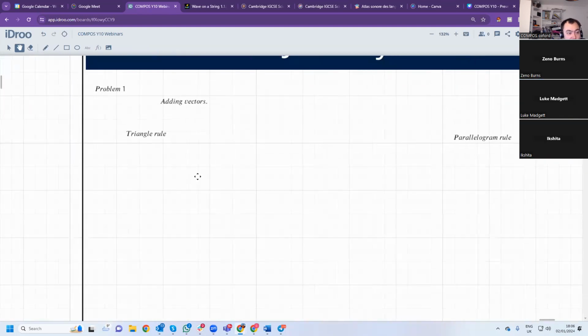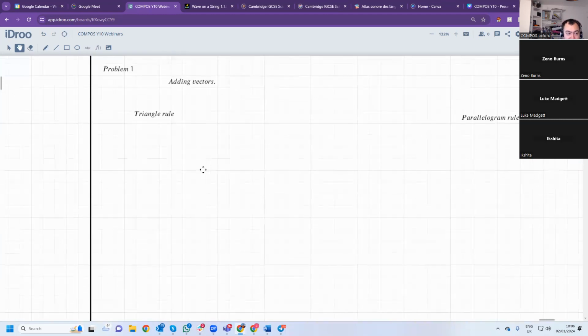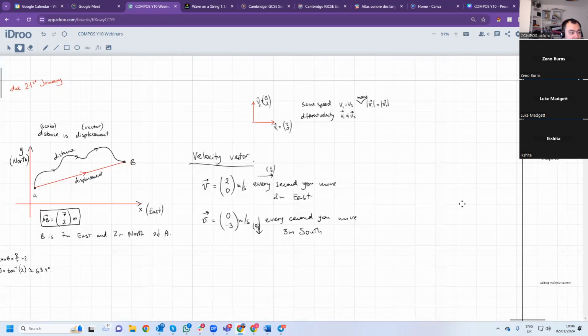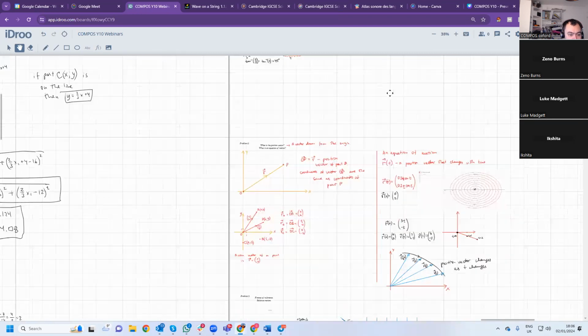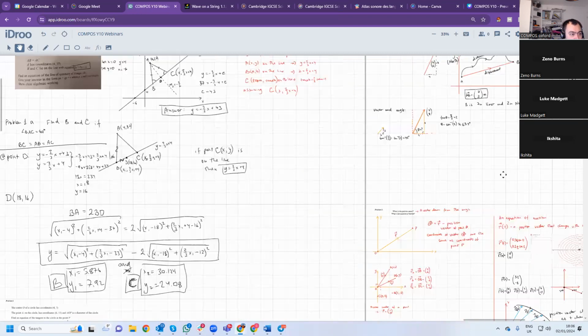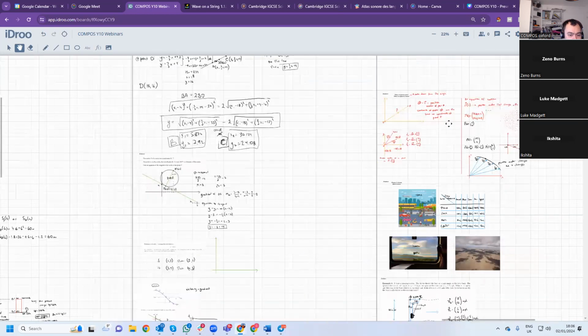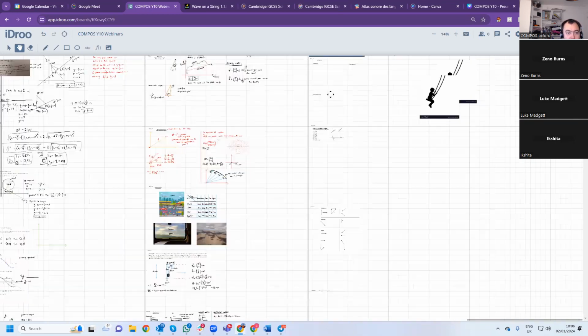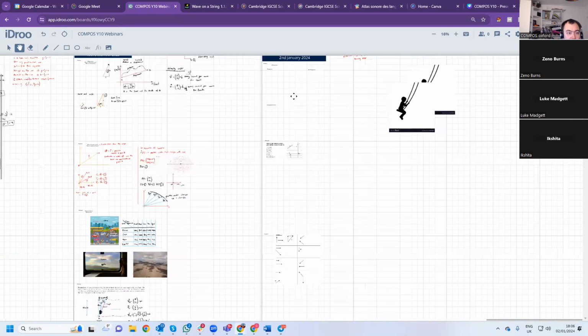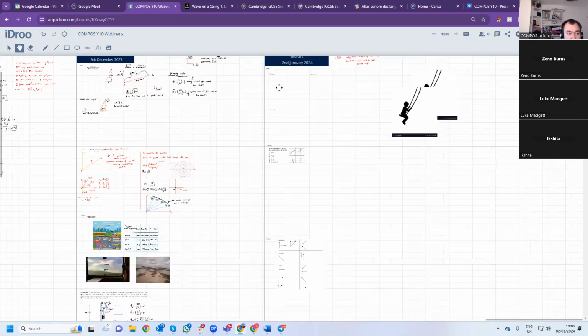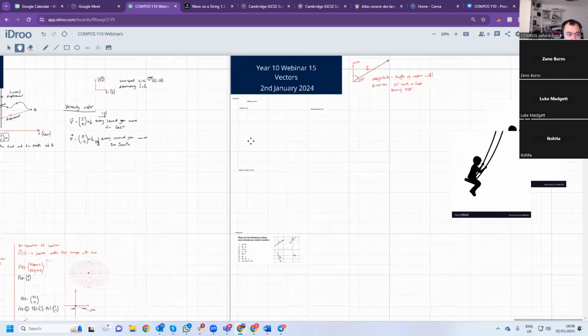Now, we need to be able to add vectors. And we first, have you not done any vectors? Okay, no. Adding vectors. There are two ways of adding vectors.